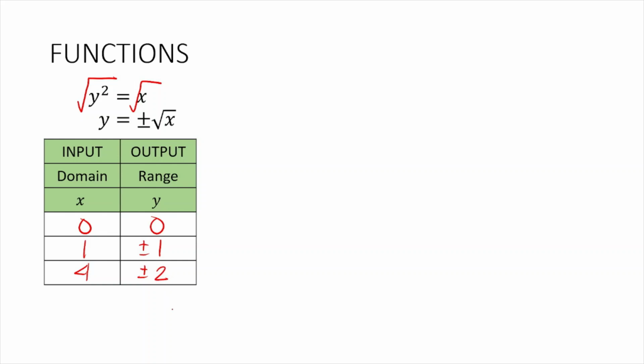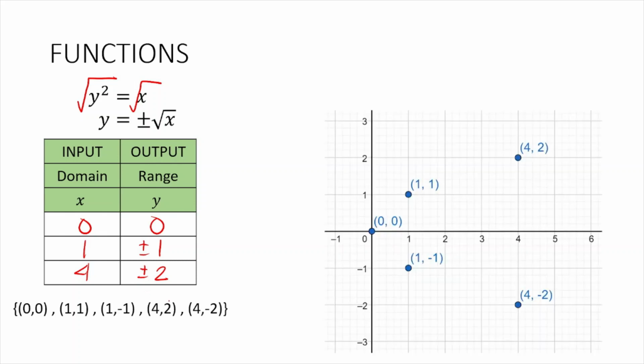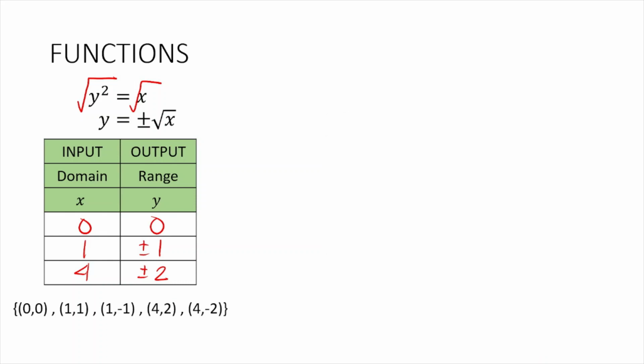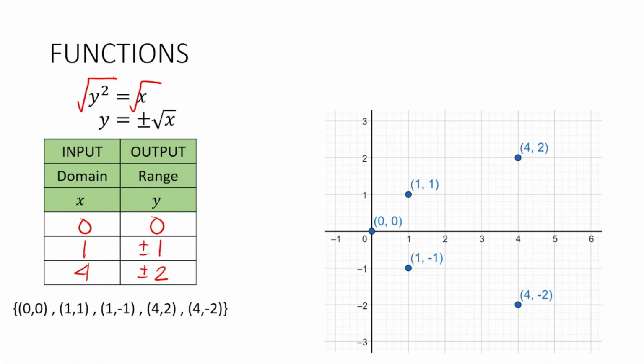Right? So these are now the ordered pairs that will be generated: 0, 0, and then 1, positive 1, and then 1, negative 1, and then 4, positive 2, and lastly 4, negative 2. Okay, so we plot them, and then this will be the graph that will be generated.